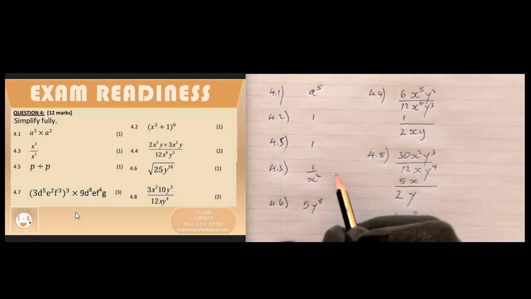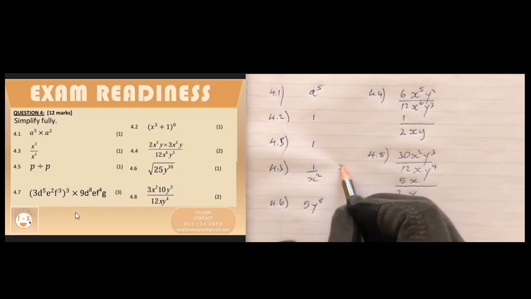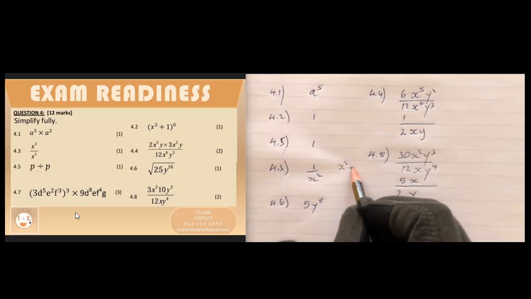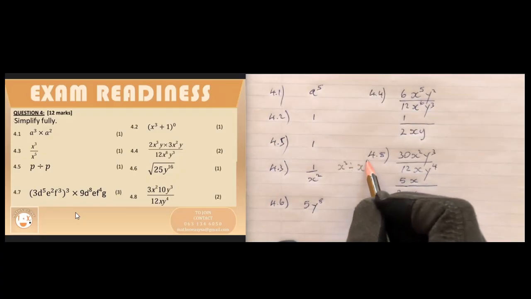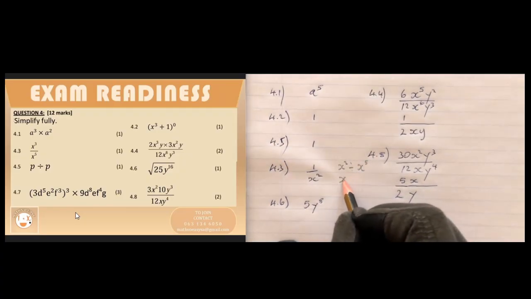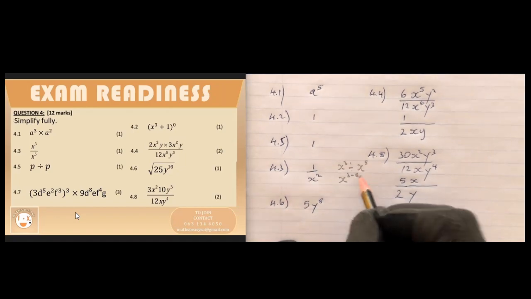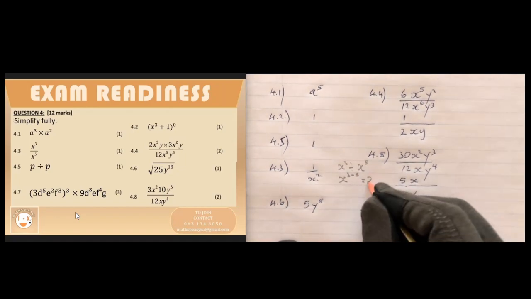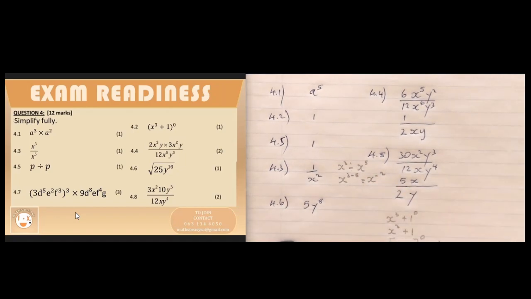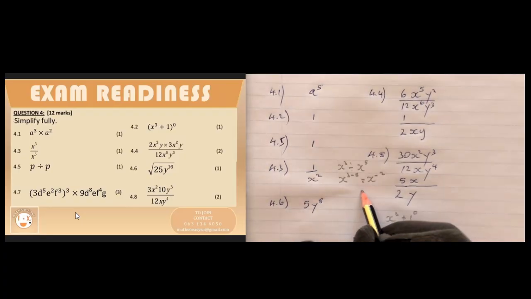4.3. We know that if we have x cubed divided by x to the 5, it's what? It's x to the 3 minus 5, which is what? Which is x to the negative 2. And the only way we are allowed to give the final answer, it must be positive.